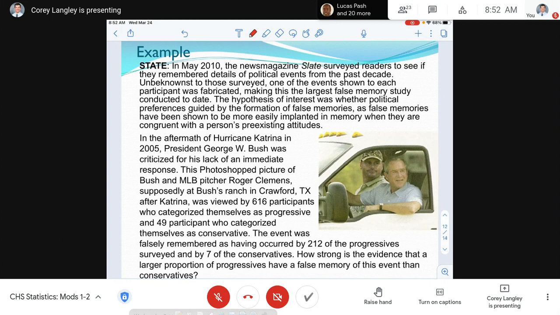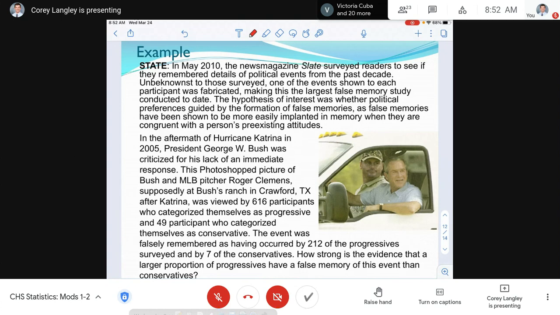They were supposedly, in the days right after the hurricane hit, at Bush's ranch in Crawford, Texas, and Bush was entertaining Roger Clemens and showing him around. That did not actually happen. But when they put this as part of their question, people felt that this falls in line with Bush not acting fast enough. I remember this.